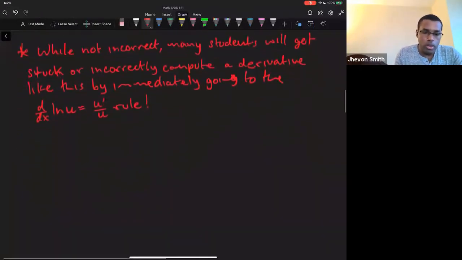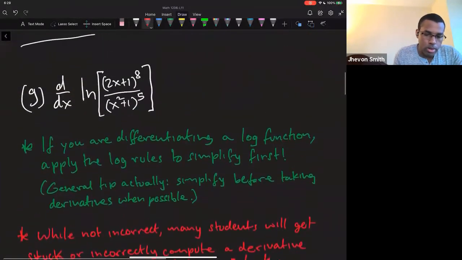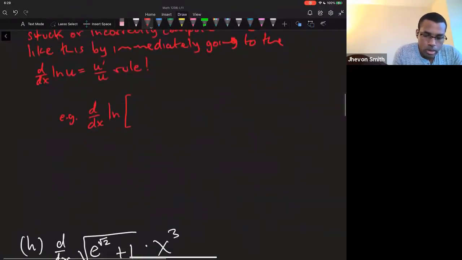So if we had ln of, what do we have here? 2x plus 1 to the 8 over x squared plus 1 to the 5th.